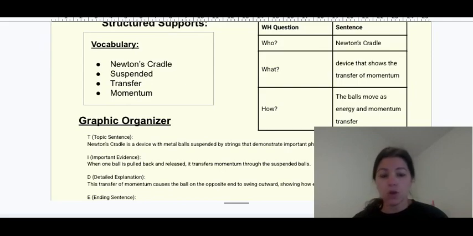Over time, you can gradually remove some of these scaffolds, right? But we can't do that until our students have internalized the process. And that's why no matter what age or what grade level you are working with, scaffolds and structured supports are essential for writing instruction. And we're going to go a little bit deeper into some of those supports today.